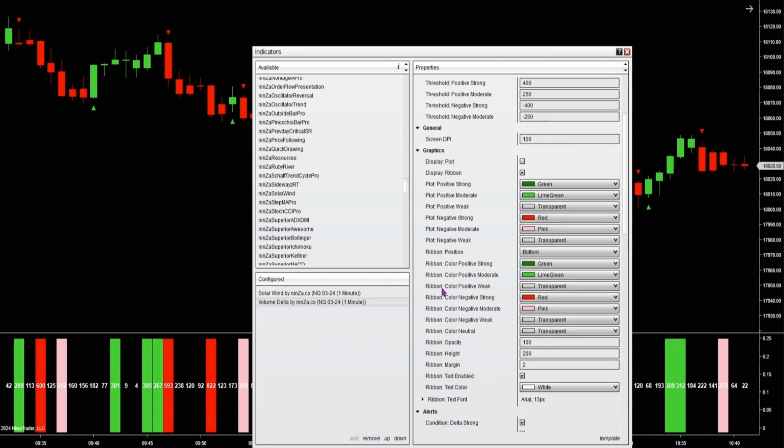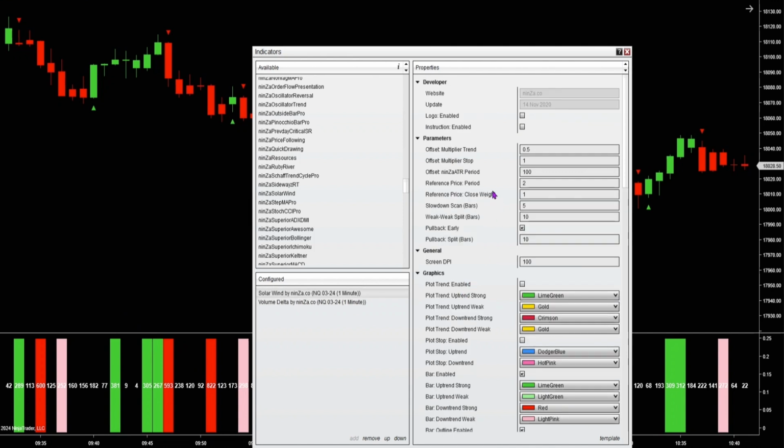And for the ribbon colors, you can see for both the positive weak and for the negative weak and the neutral, I've got all of those transparent. And you can select whatever colors you like for the strong and the moderate. I've changed the ribbon height to 200. That just makes these bars taller instead of having a smaller grid. Just a little bit easier to see.